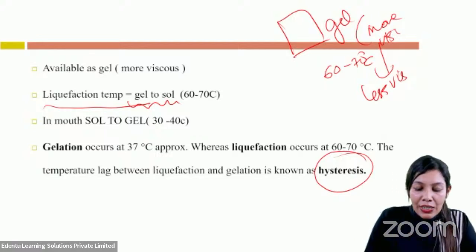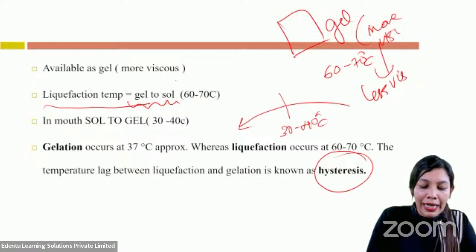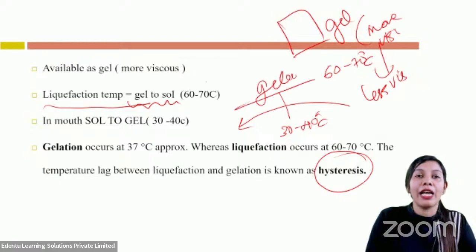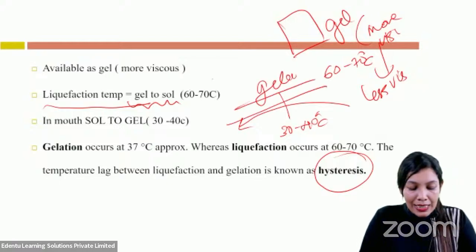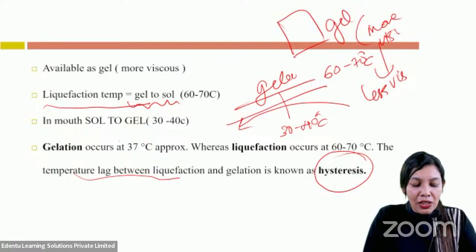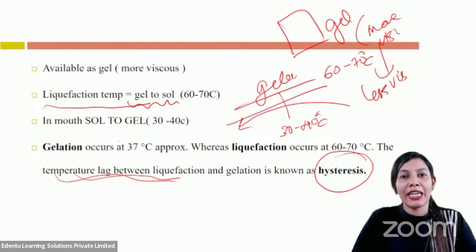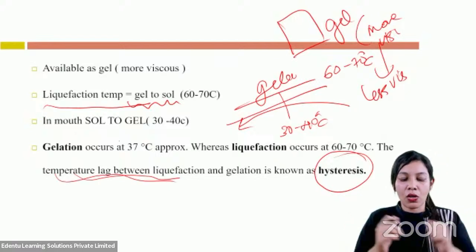No, before reaching 60 to 70, at 30 to 40 degrees Celsius itself, it gets converted into gel form. So there is a time lapse, or a temperature lag, between the liquefaction and gelation process. This is called hysteresis.